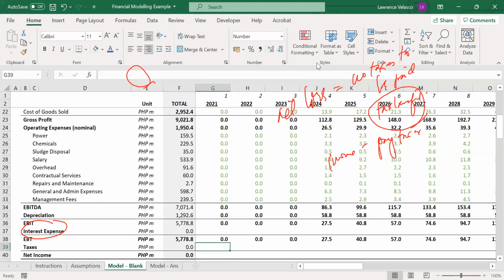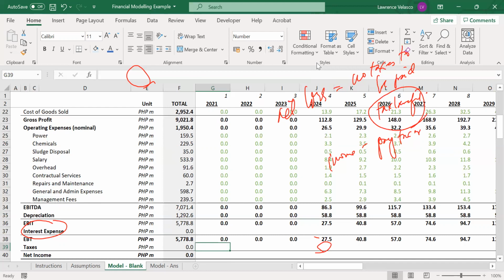So if that is the case, if the EBT is negative, the tax here should be positive because you have some form of tax benefits. Okay? It's a simplified modeling tool. Later on, when you study it in higher accounting, you'll know that taxes is much more complicated than this. Okay? So later nyo na lang i-model ng precisely yung taxes. For now, let's simplify it.